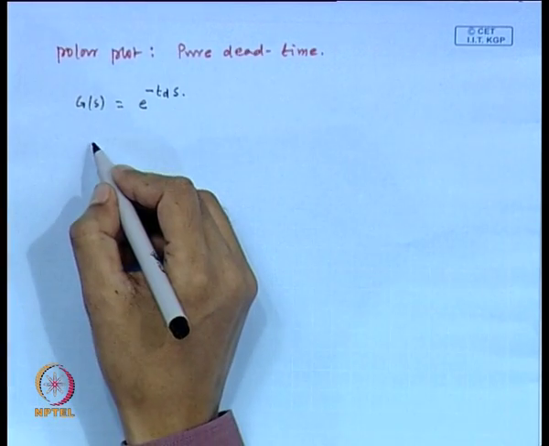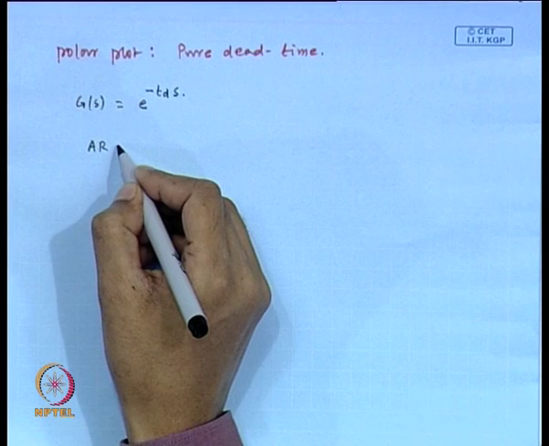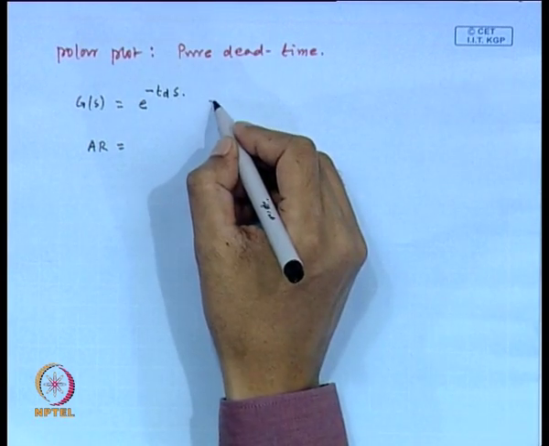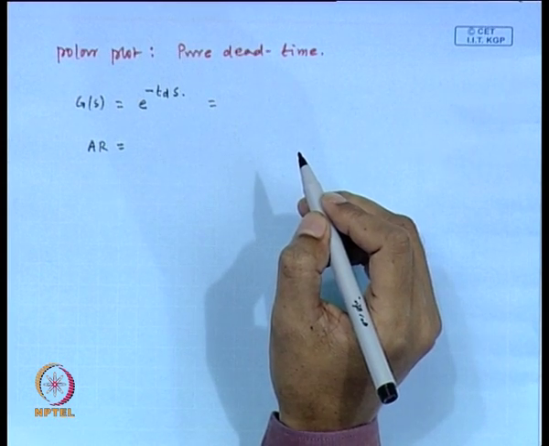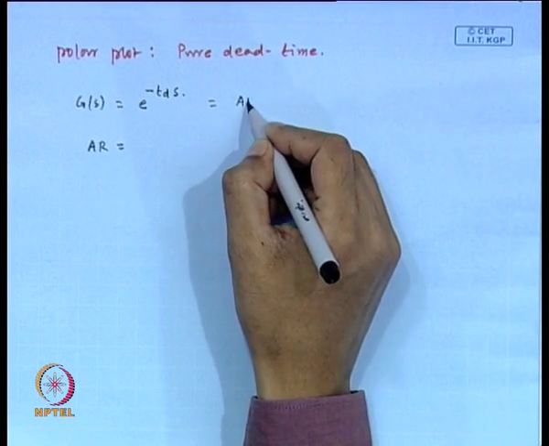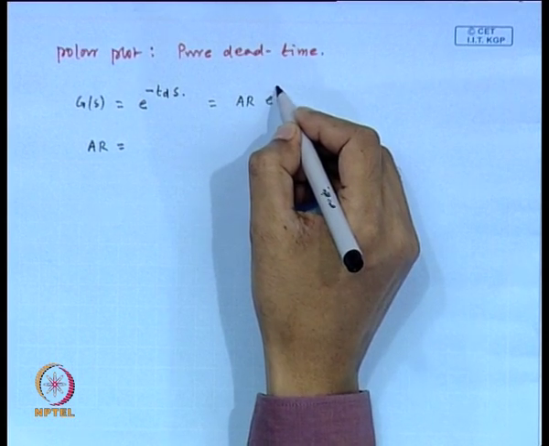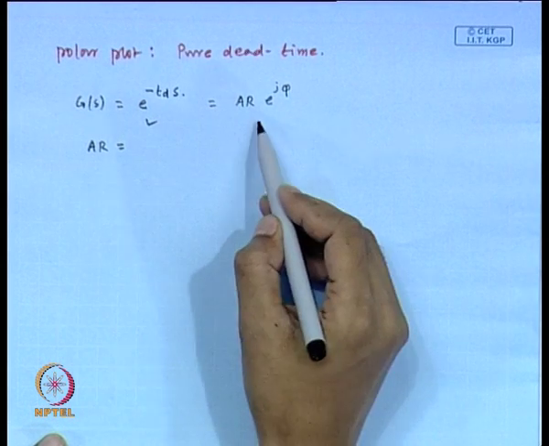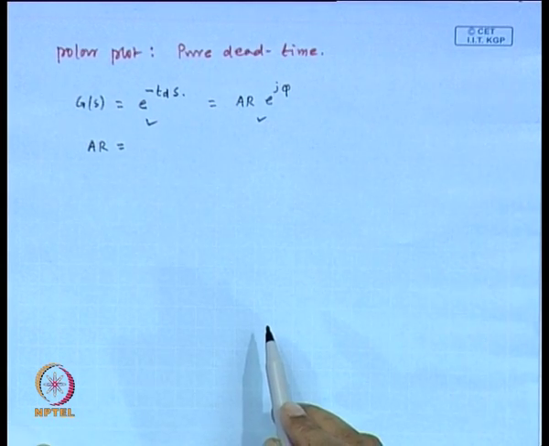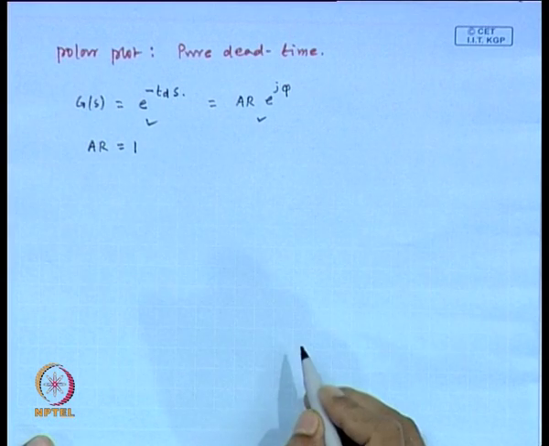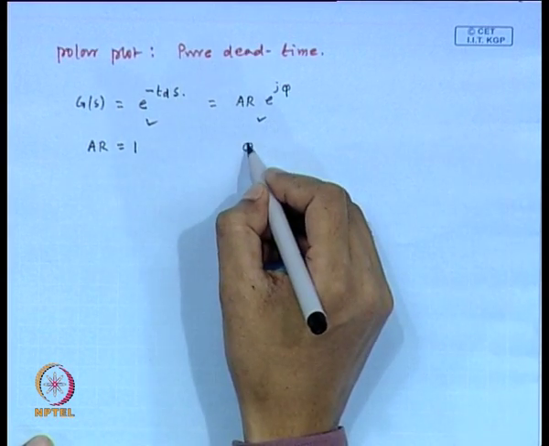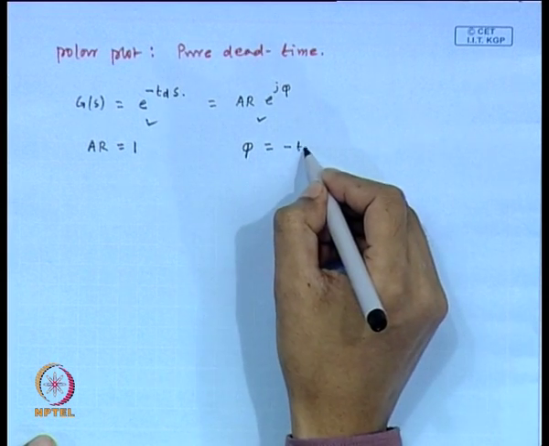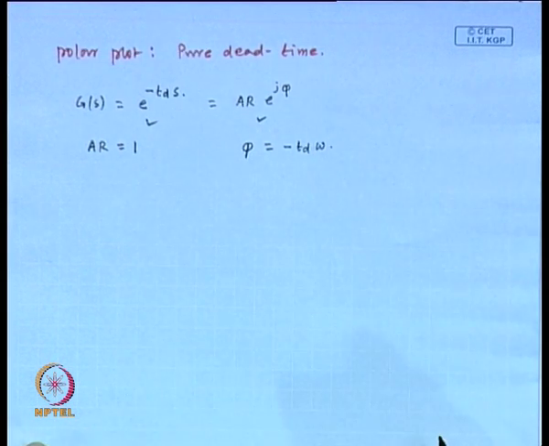How much is amplitude ratio? You can compare this with the standard polar form, that is amplitude ratio exponential of j phi. Compare this with this. How much is amplitude ratio? 1. How much is phi? Minus Td omega.